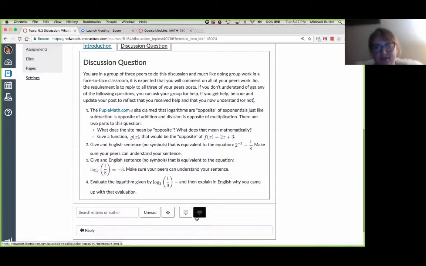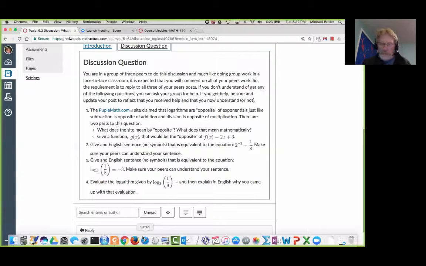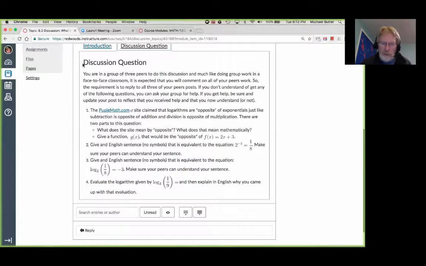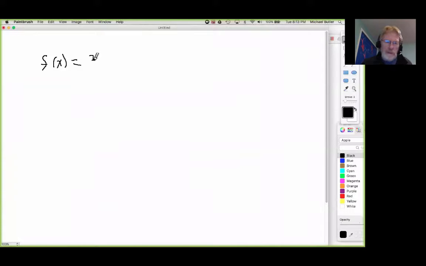Yeah. Well, here, let me show you a little trick on that one. Let's open it up on a whiteboard here. So the original function was f of x is equal to, if I'm right, 2x plus 3, right? Yeah, okay. 2x plus 3. All right. So f of x is equal to 2x plus 3.